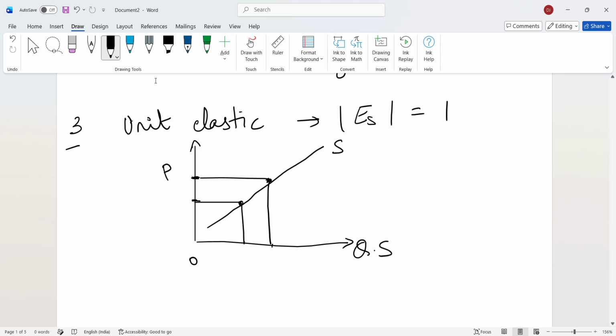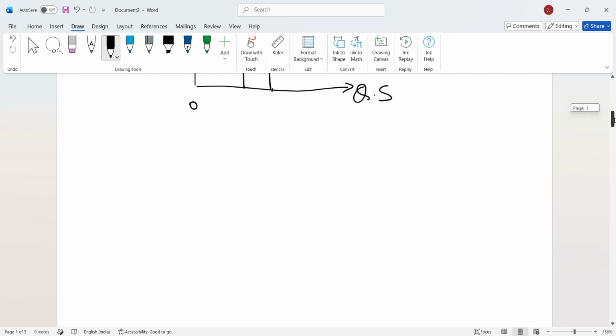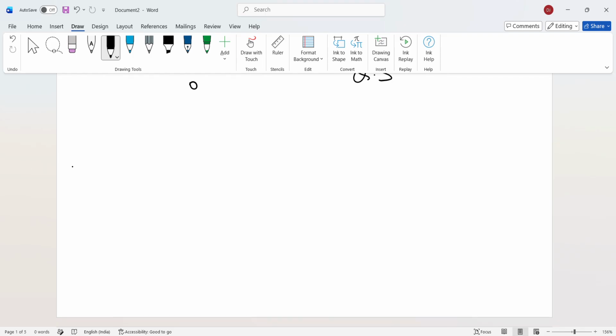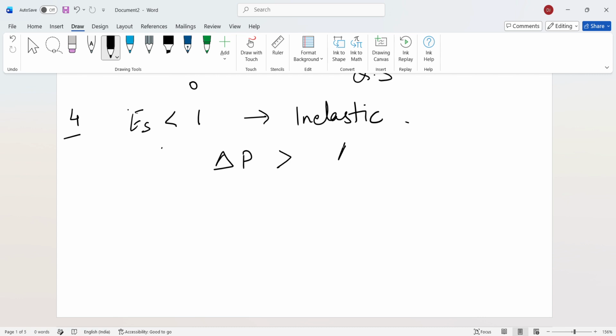All right. The fourth one is when the price elasticity of supply is less than 1. That basically means that the supply is inelastic, right? In this case, whatever the percentage change in price is, it is more as compared to the percentage change in quantity supplied.